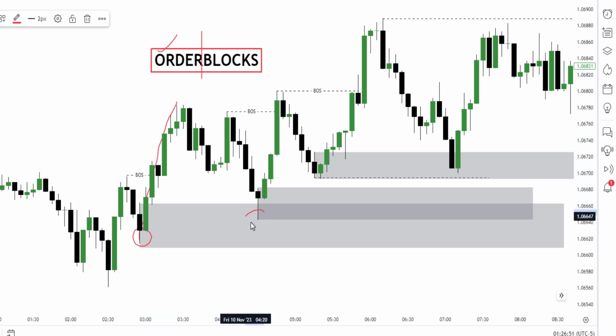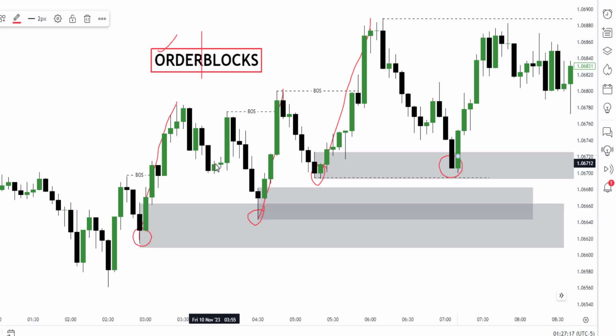Each of these points that creates a very significant move is a zone where there is a block order, a large financial transaction by the institutions.